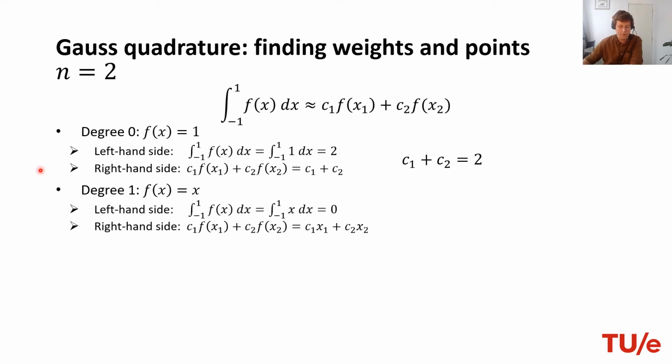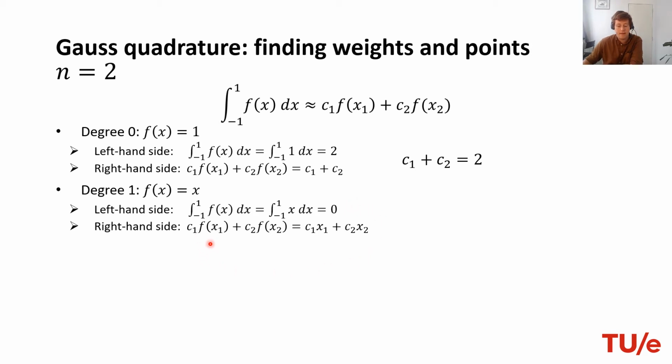So for a first degree polynomial or a line, we find, well, f of x is x, simply equal to what we did in the previous slide. Left-hand side is equal to 0, so that's also the same as what we did in the previous slide.